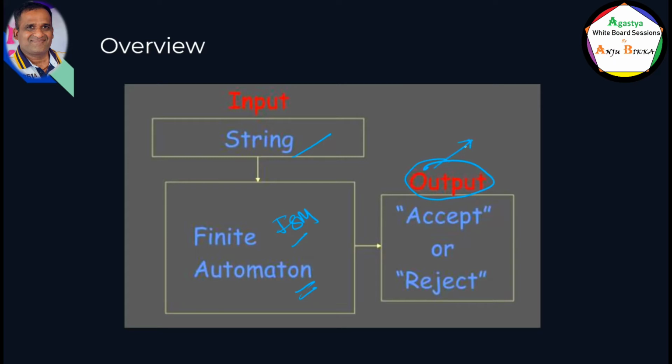The meaning of output is that we can say whether the string we gave to the finite state machine is accepted or rejected. That's what we can conclude. That's the meaning of output here. It's not a real output. After the string is given, if the string is recognized, it means accepted. If it is not recognized, it means rejected.